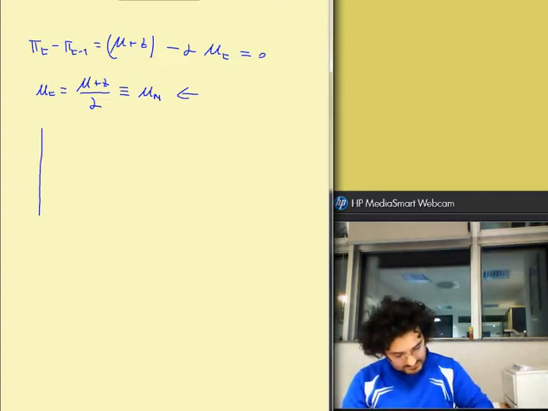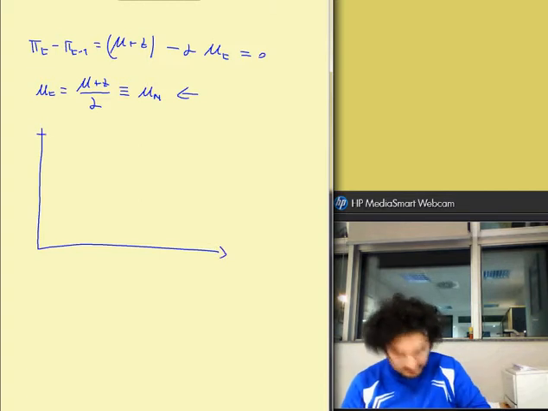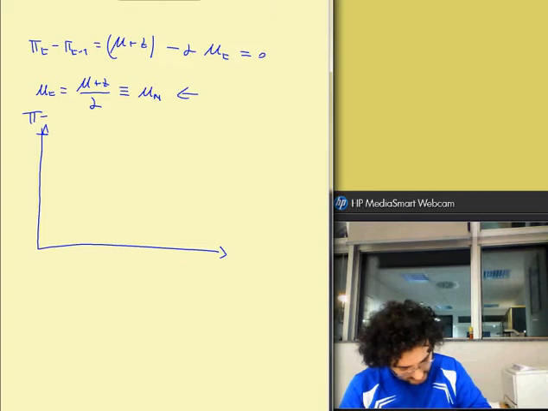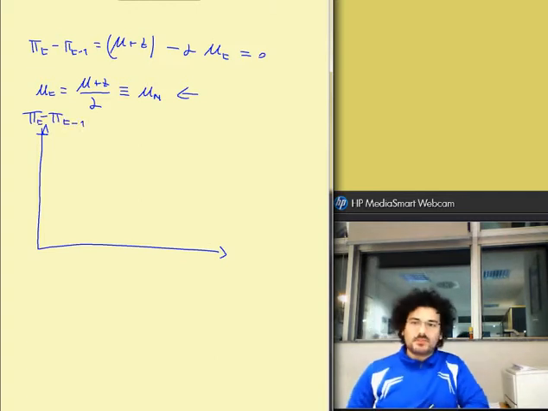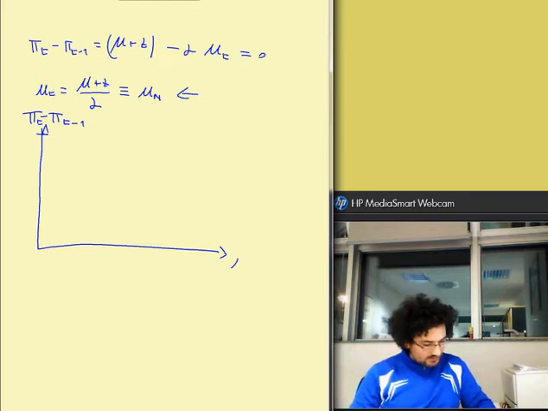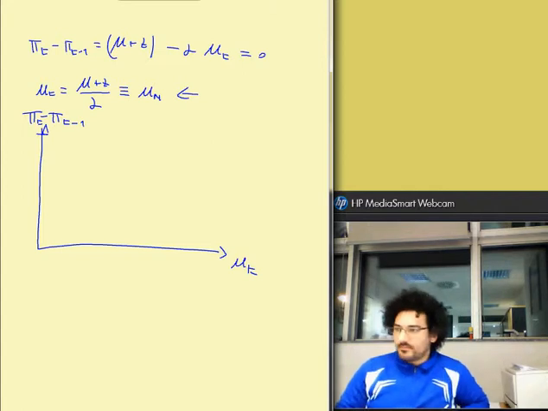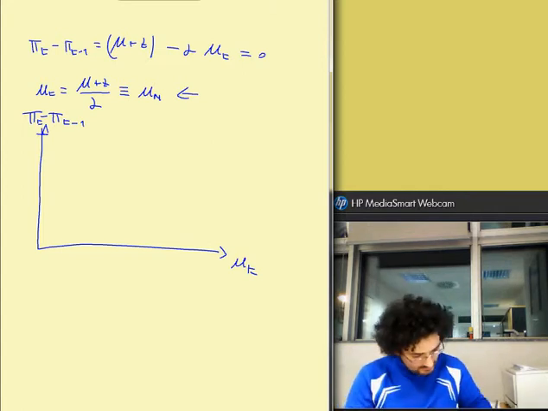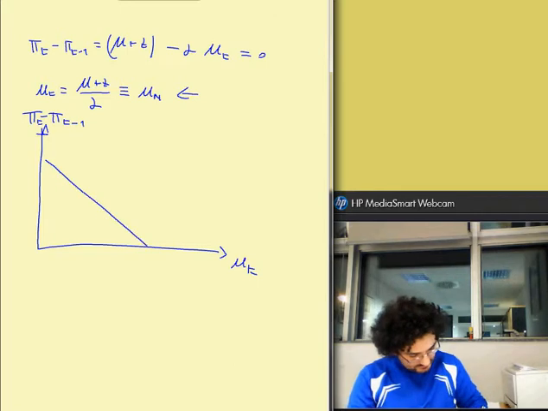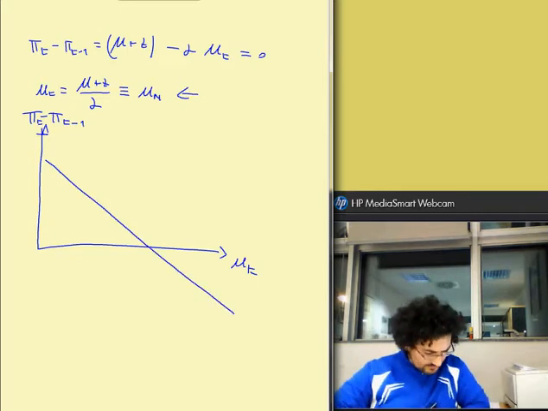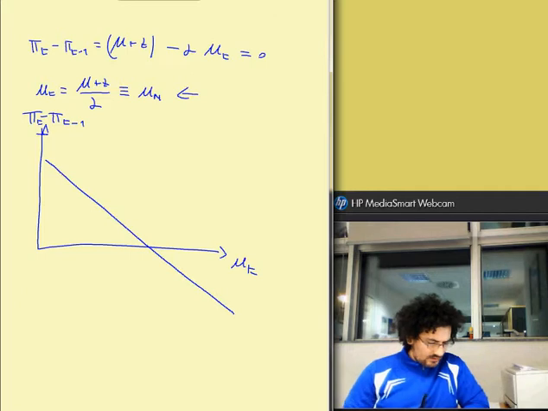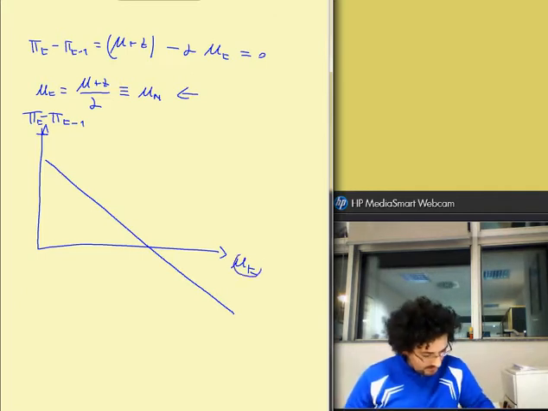We can write this new formulation of the Phillips curve in the following way: on the vertical axis we put the change in the inflation rate, so pi t minus pi t minus 1, and on the horizontal axis the unemployment rate. We have this decreasing relation between the change in inflation rate and the unemployment rate.